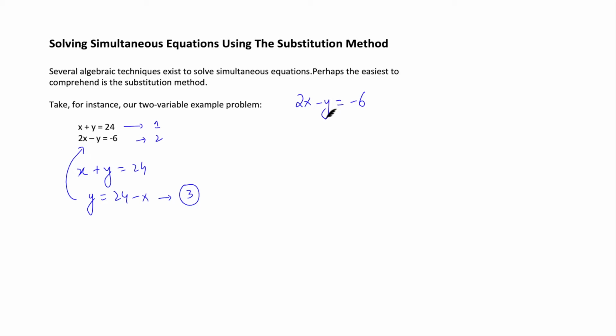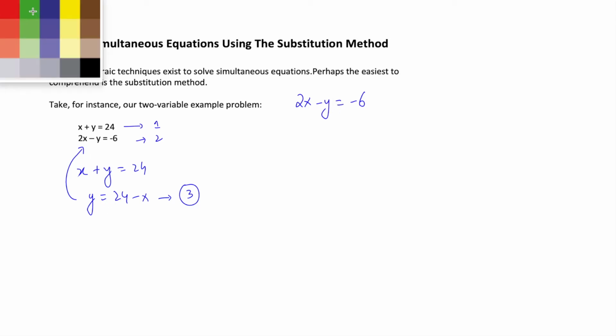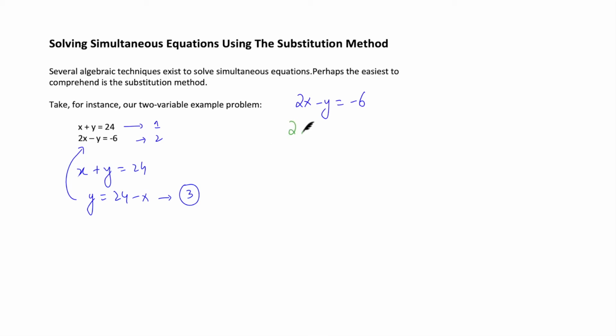In place of y, I will replace this equation. And my new equation will become 2x minus, what is y? That is this, 24 minus x equals minus 6. Now you see we have one variable. And frankly, I use this method a lot because it's more convenient, for me at least. But again, it's very subjective.